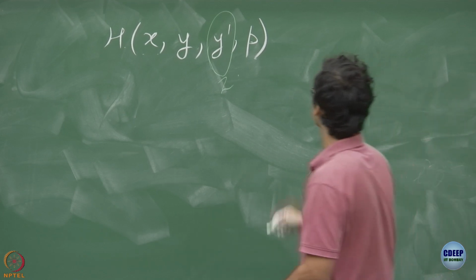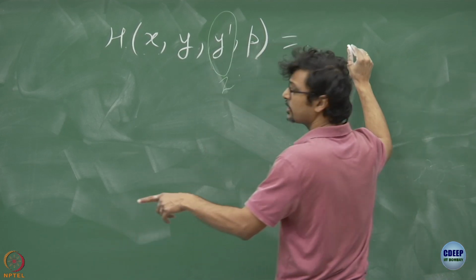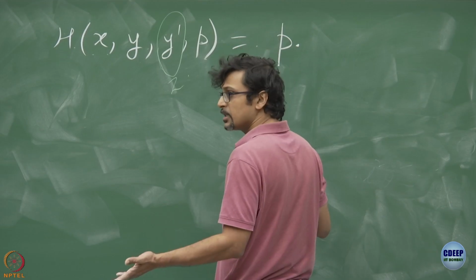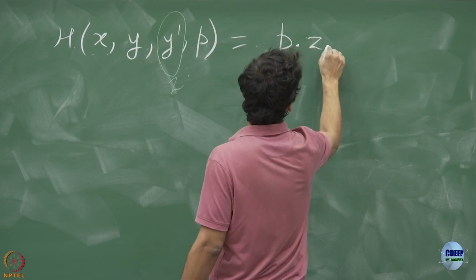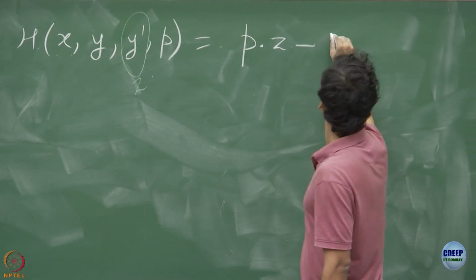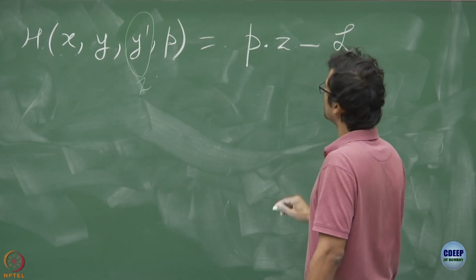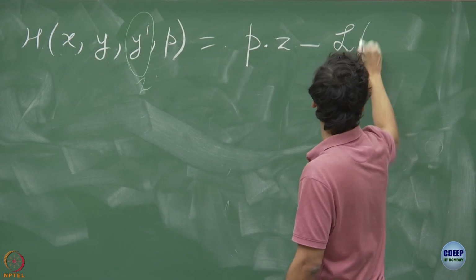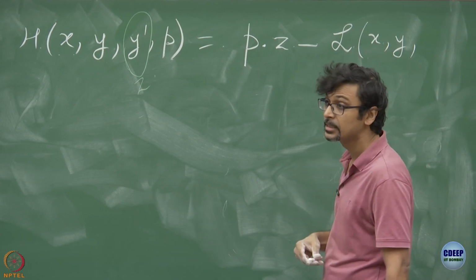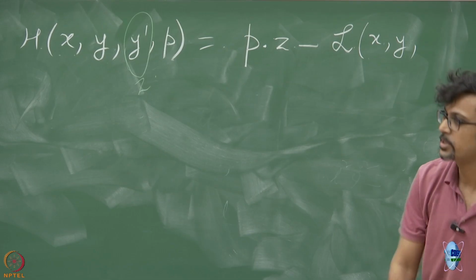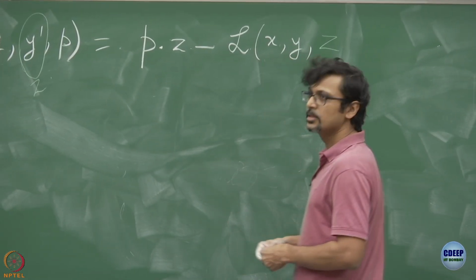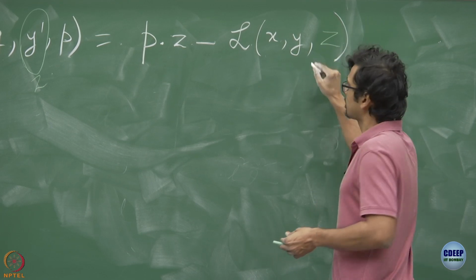Yes, and in that case what we had was p times z minus L itself, which was only a function of x, y and was it y prime? It was a function of z, right? So we look at it as just a function of z.